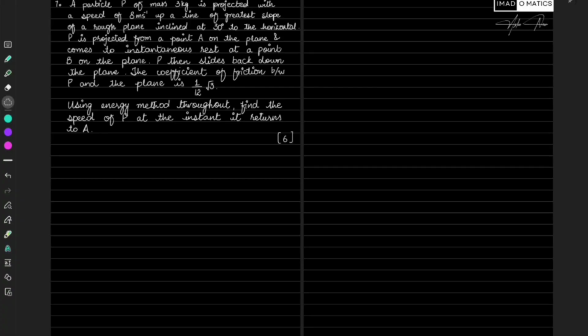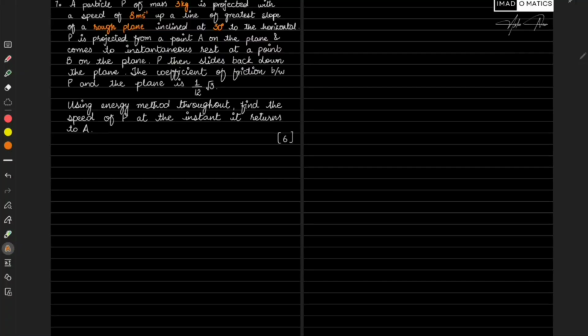So let's begin. A particle P of mass 3 kg is projected with a speed of 8 meters per second up a line of greatest slope of a rough plane inclined at 30 degrees to the horizontal.